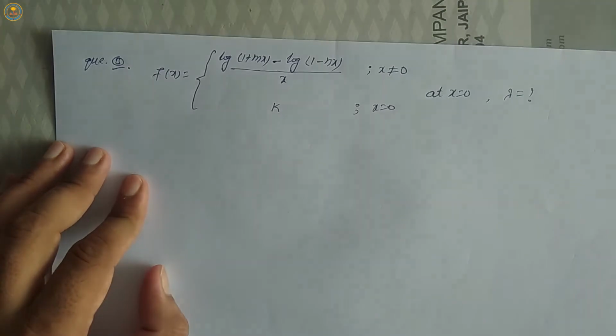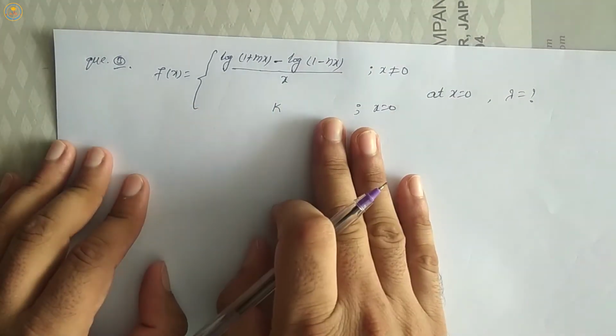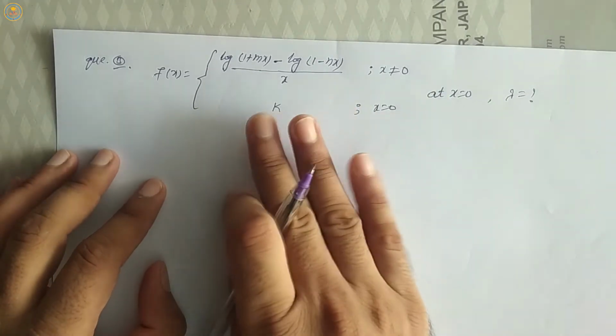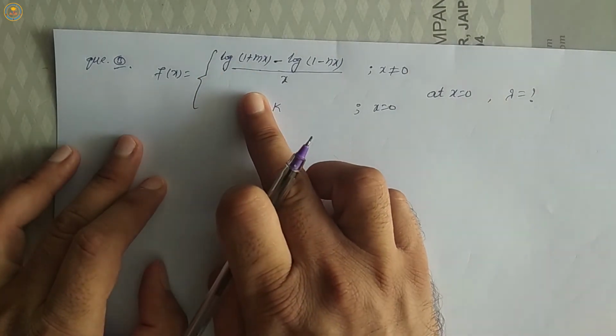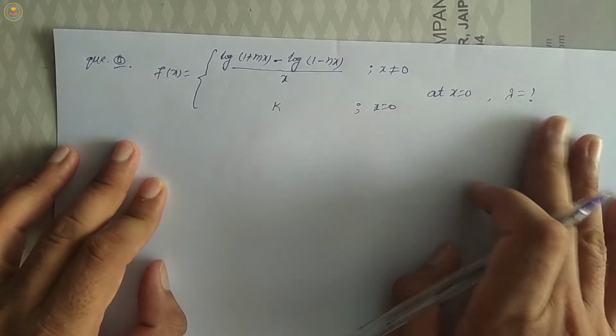Again, if function f(x) is continuous at x = 0, it means f(0) equals RHL.